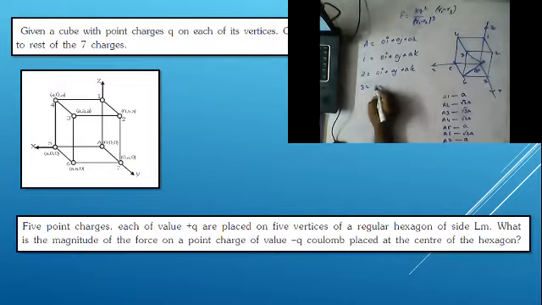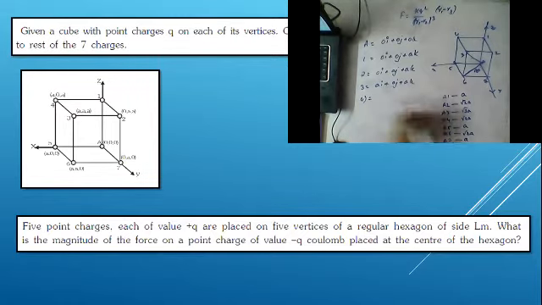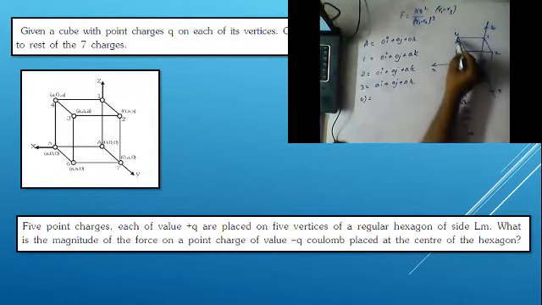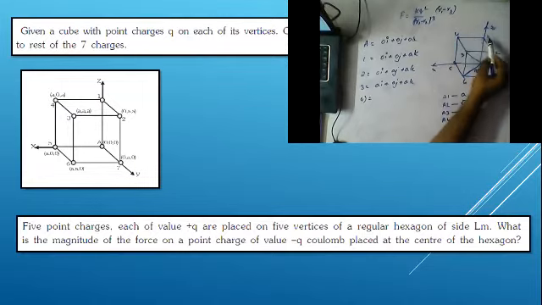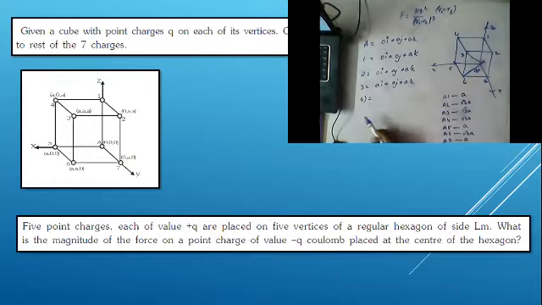Similarly, the third one we get as ai plus aj plus ak. And the fourth one, it will be z and x, so we can write it as ai plus 0j plus ak.